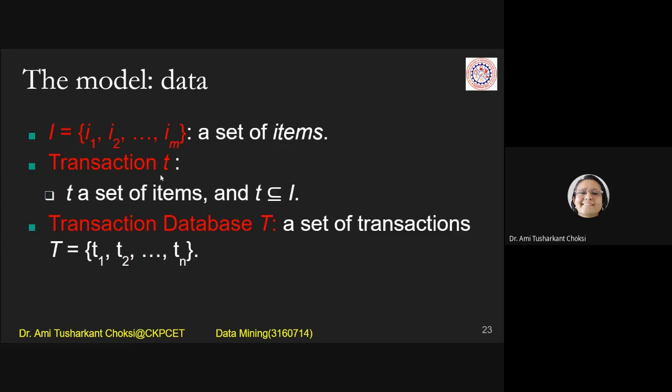Now a transaction T is a set of items. That means for a particular person, the person is purchasing, say, bread, butter, kurkure. The second person is purchasing bread, butter, wafer. So a transaction is a set of items, and T is a subset of or equal to I. The transaction database T is a set of transactions, that is T equals T1, T2 up to Tn.